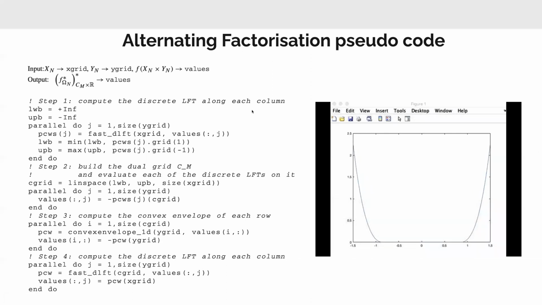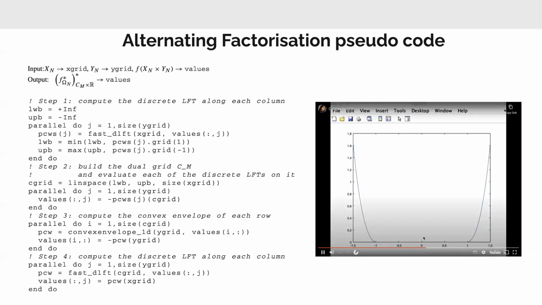So in the alternating factorization, we take in these inputs, that is the X grid, the Y grid, and the function values calculated on the X grid times the Y grid. What we do is we first compute the discrete LFT along each column. Here we are calling this fast DLFT function, which first calculates the convex hull in 1D and then finds the conjugate. And this is the visualization of finding the convex hull in 1D.